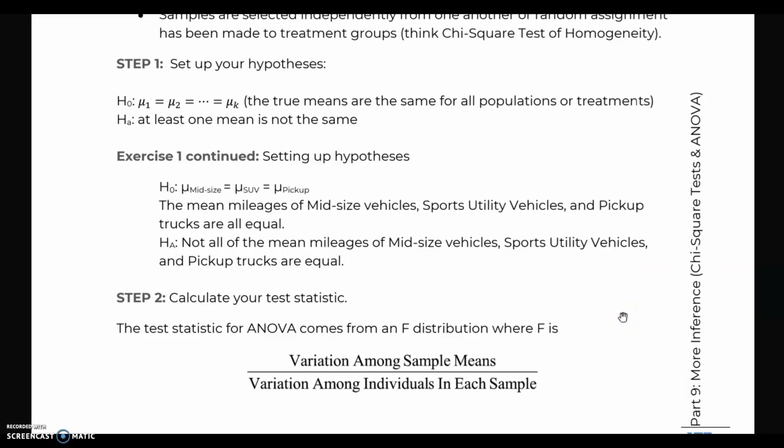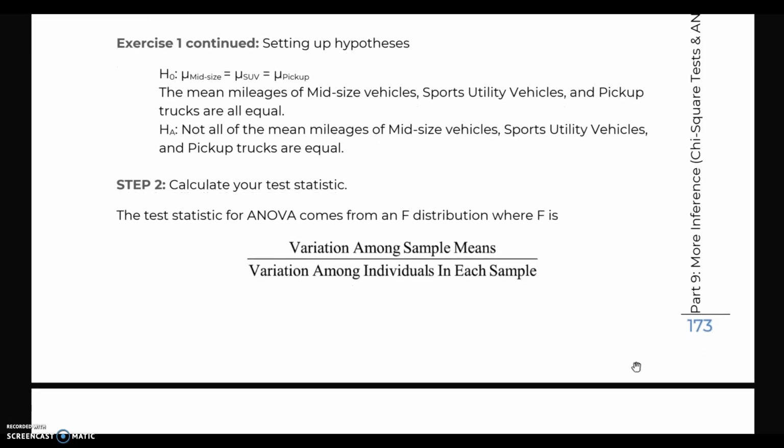So again, the test statistic from ANOVA comes from an F distribution, where F is looking at the variation among the sample means. That's really the variation between the different groups, and it's dividing it by the variation among individuals in each sample. So that's the variation within each group.